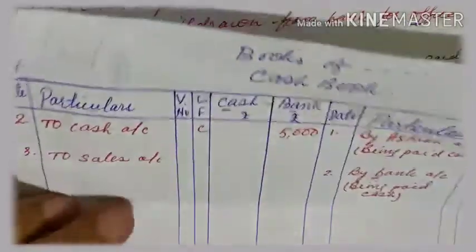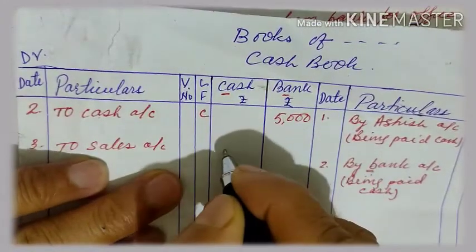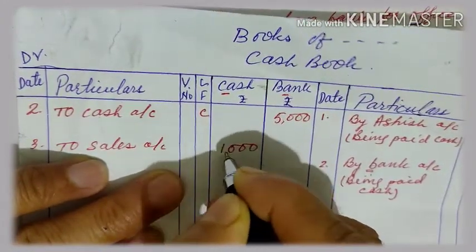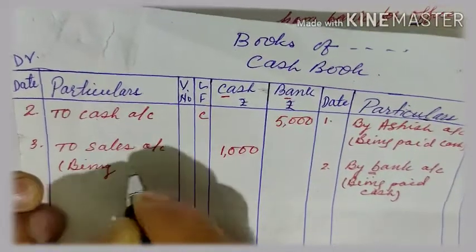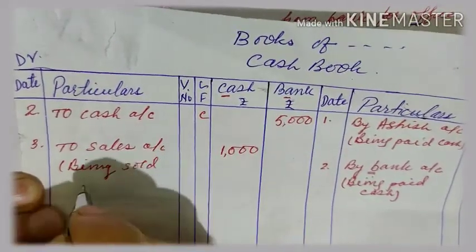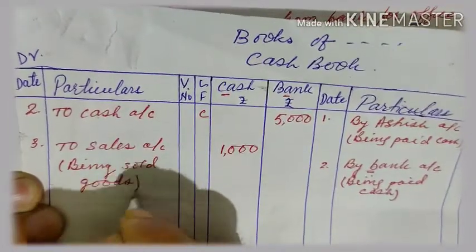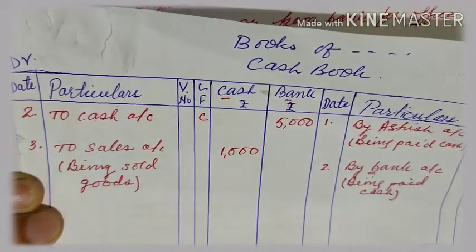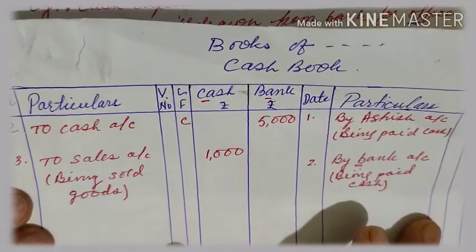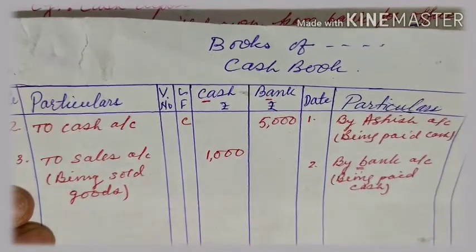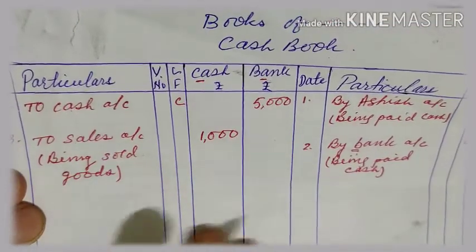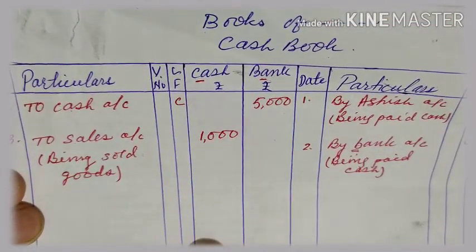So to sales account 1,000, cash is received, so 1,000 here, being sold goods. So this is how the entries are made in the cash book. This is the double column cash book. So here after the entries are made, we need to balance this. So the balancing part we'll learn afterward.